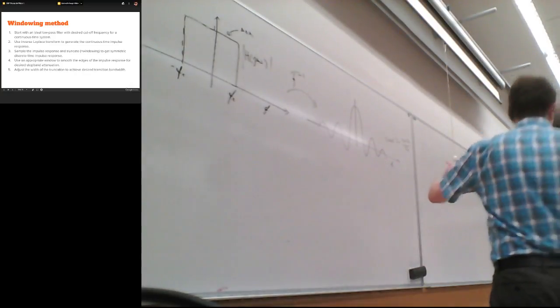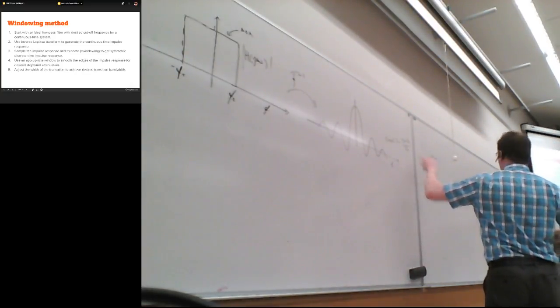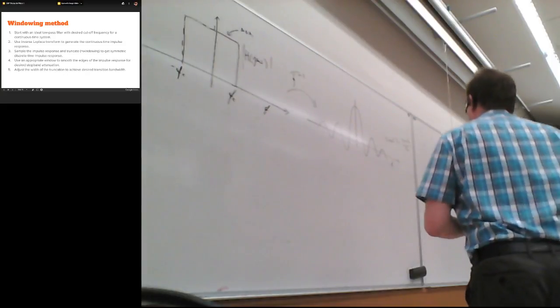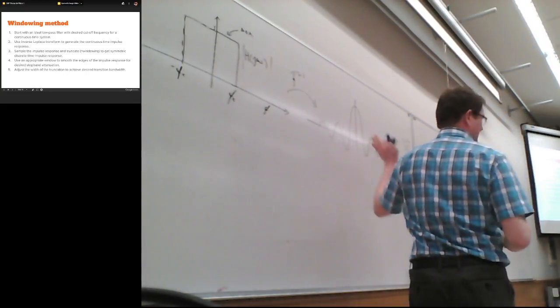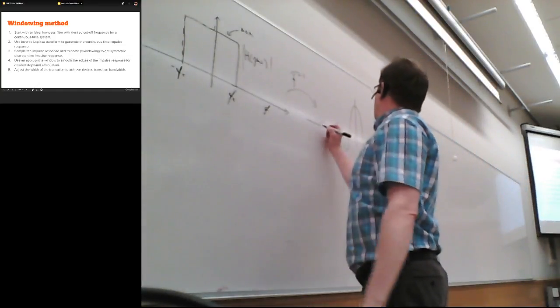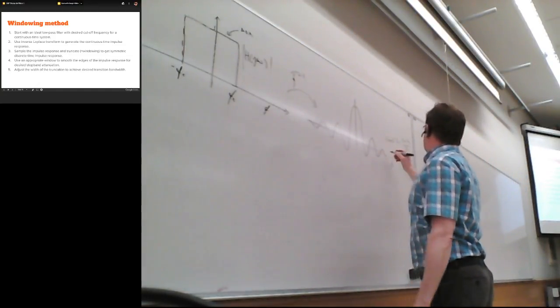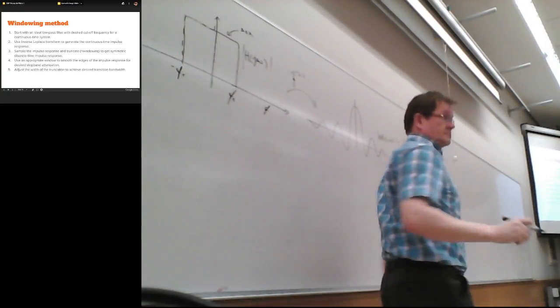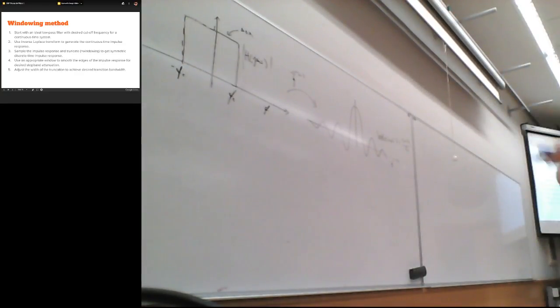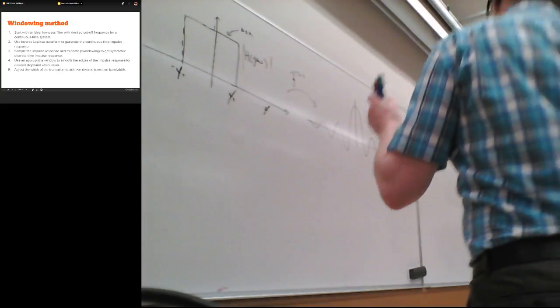So we are engineers, we use pi. Okay, sin(pi x) divided by pi x looks like that. Okay, so that actually is h of t. So continuous time, the impulse response.